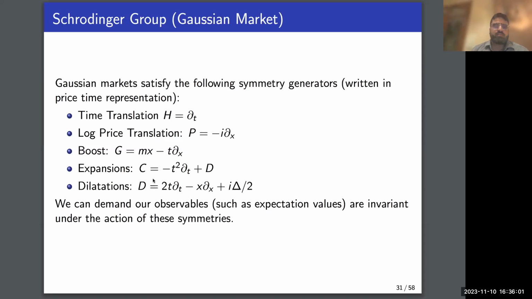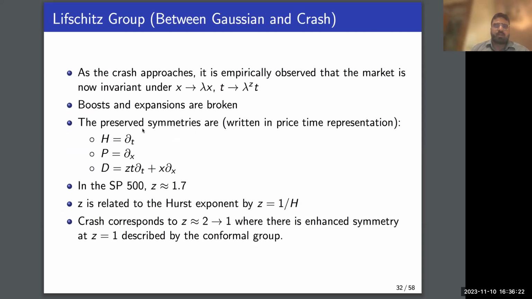Essentially, these symmetries together close under the action of the Lie algebra, and they form this group called the Schrodinger group. And then we can demand that our observables, such as expectation values, are invariant under the actions of these symmetries. But as a crash approaches, or as the normal market regime goes away, it's empirically observed that the market dynamics is now invariant under, instead of x going to lambda x, t going to lambda squared t, x going to lambda x, t going to lambda to the z times t.